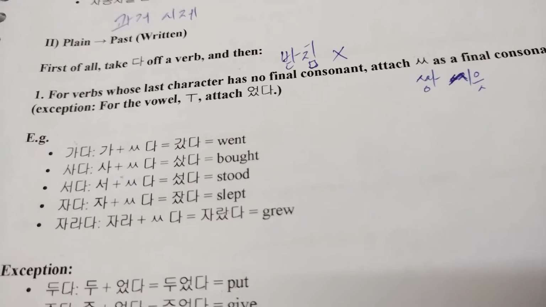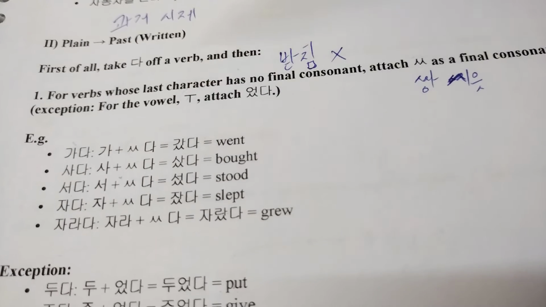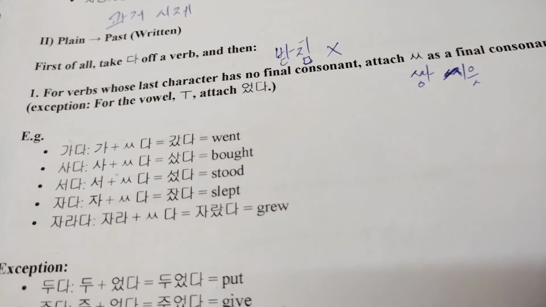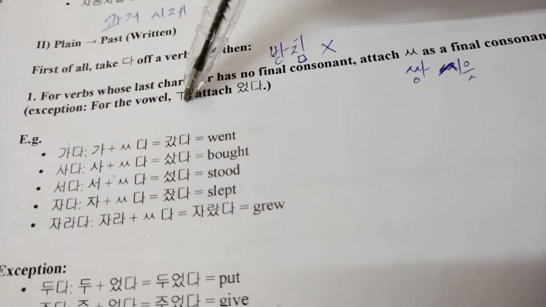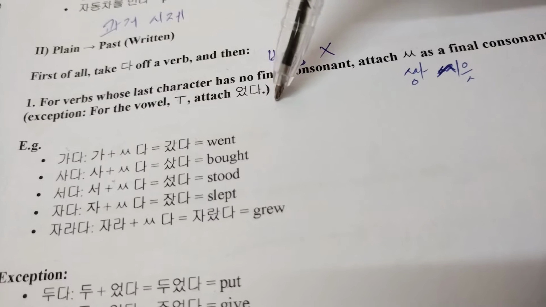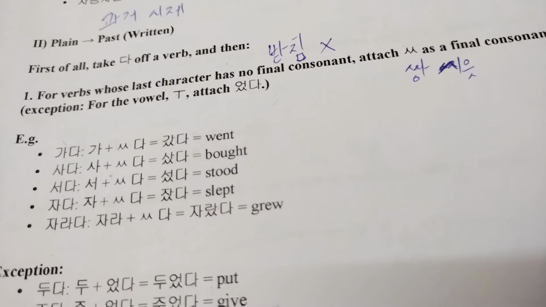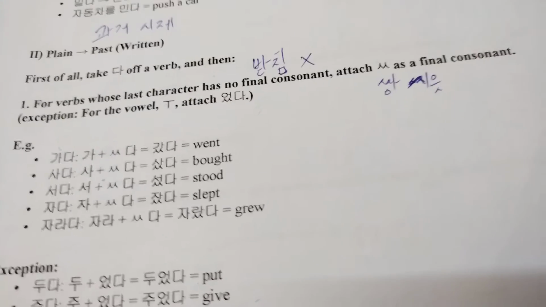But there's an exception to this rule. If you have the vowel ㅜ at its last character, then instead of adding ㅆ as batchim, you would rather add 었다 as the last two syllables.